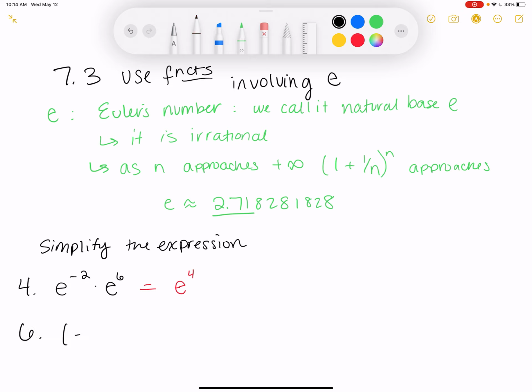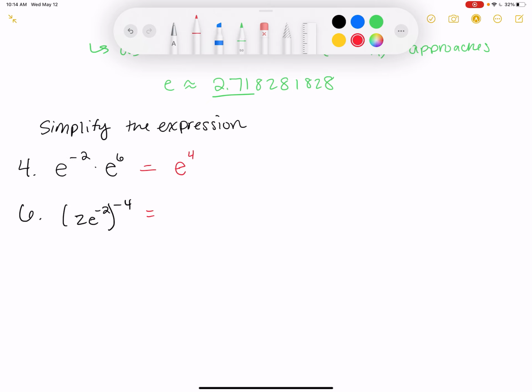Next, 2 e to the negative 2, all raised to the negative 4. In this one, remember that the negative 4 on the outside goes to both pieces inside. With the 2, it just makes 2 go to the negative 4. But what is it doing to this e that's already raised to the negative 2? A power to a power, you multiply. It's going to be e to the positive 8.